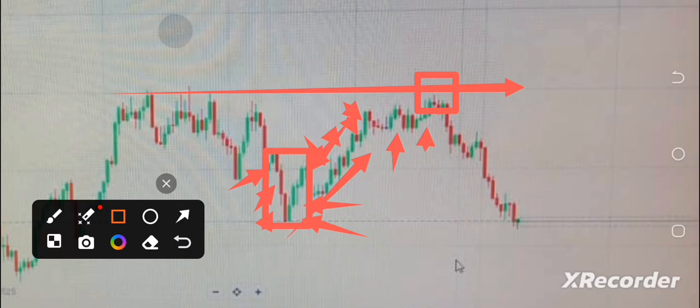So if you are just looking at the chart like that, you may not get the opportunity to open your trade. But if you draw the complete zone of supply, you can get a good opportunity to open your position, knowing fully well that the market is going down from here.